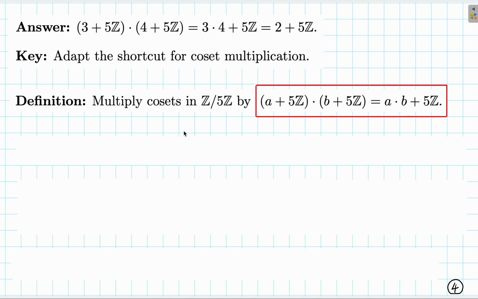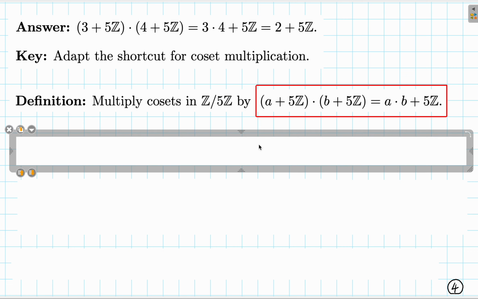And in general, we multiply cosets in Z mod 5Z using the following rule. a plus 5Z times b plus 5Z is the coset a times b plus 5Z. Now, there is an important technicality underneath this definition in which ideals, such as 5Z, play a role. But for that discussion, please read chapter 32 in the textbook.